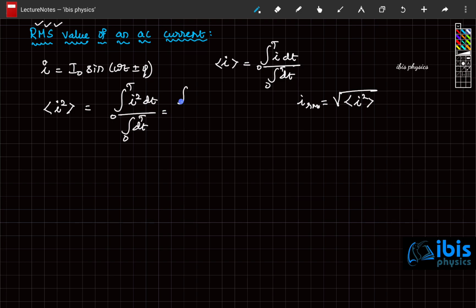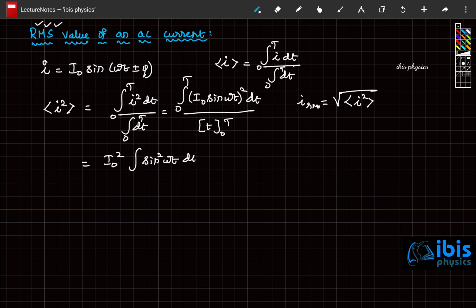So this is equal to the integral from 0 to T of I square. Let us take only I naught sin omega t, because this constant will not change the value. So I naught sin omega t whole square dt by the integral of dt, which is T, from 0 to T. So you can take I naught square into the integral of sin square omega t dt from 0 to T, upper limit minus lower limit.